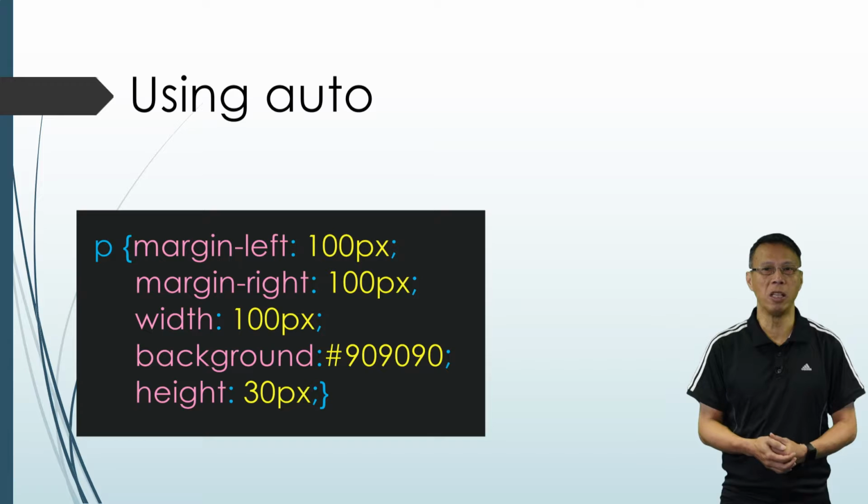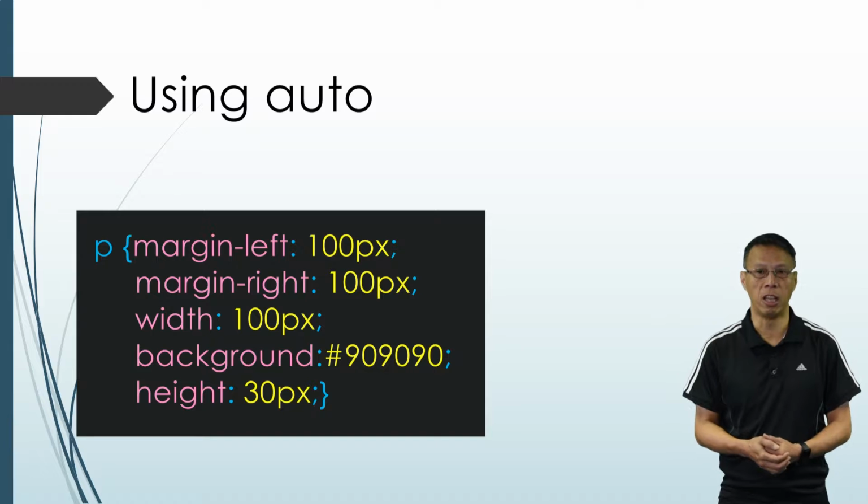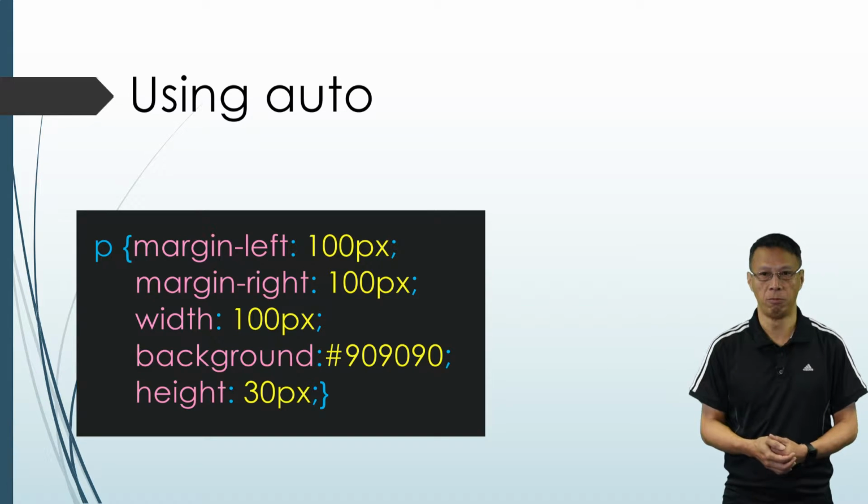Here we look into one other example. Auto will be forced to apply when we have some conflicting situations in our margin definitions. For this CSS rule, the element P has two properties. The margin left is 100 px, as well as the margin right is 100 px.